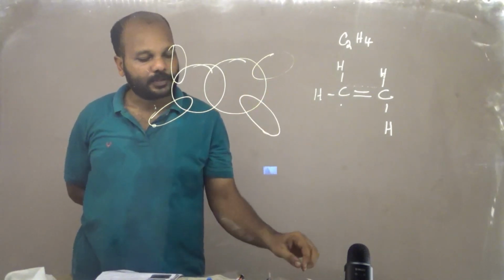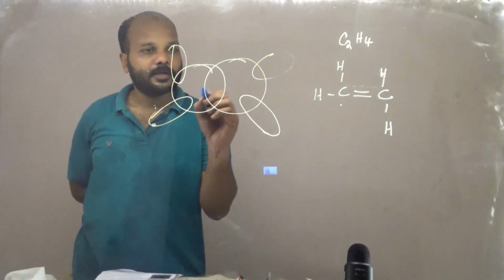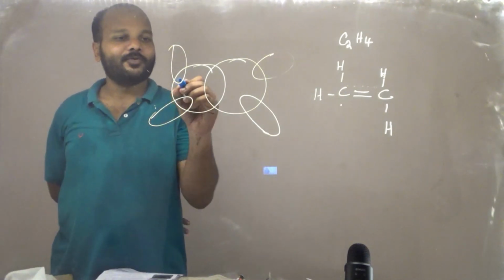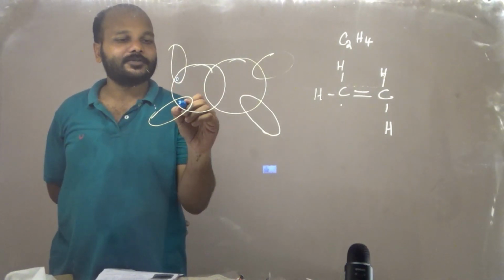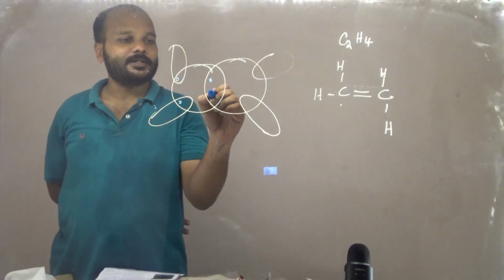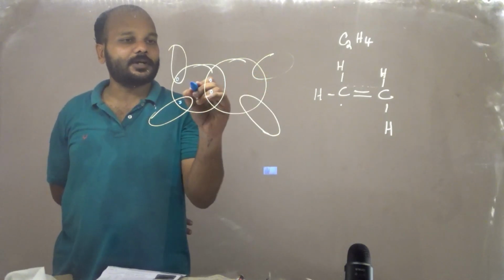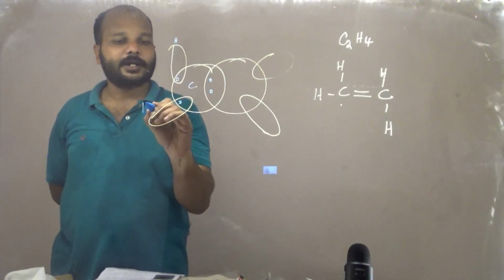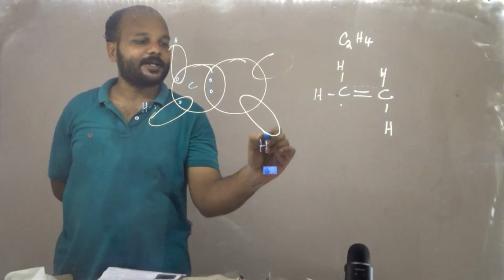Now here carbon, as I told you, has 4 electrons. So 1 electron will come here, the next one, and the next one. For this carbon atom there is hydrogen, again hydrogen, again hydrogen.